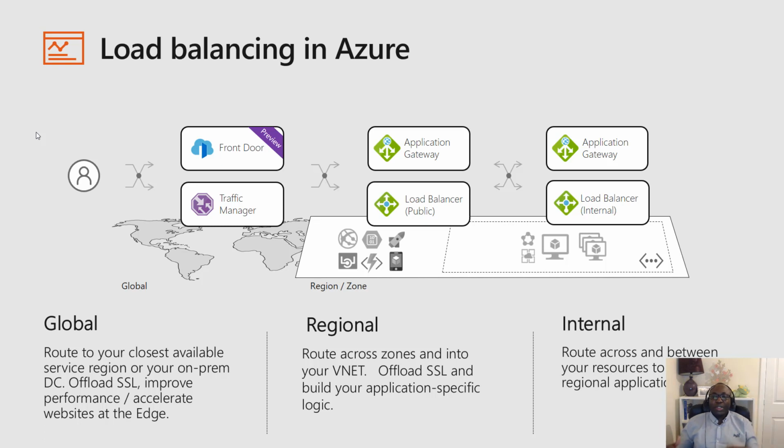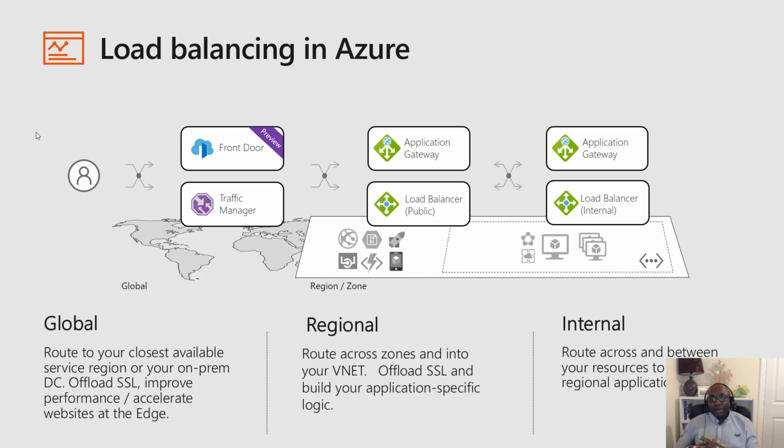For example, Azure Application Gateway is what you consider either an internal or a regional category when you talk about load balancers in Azure. Traffic Manager is in the global category along with this new service provided by Microsoft called Azure Front Door, which does content acceleration.